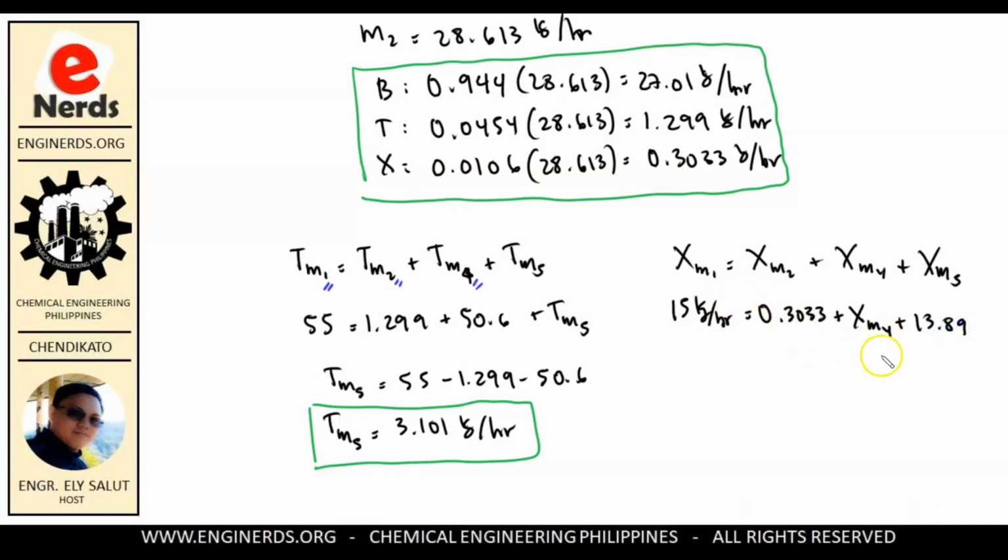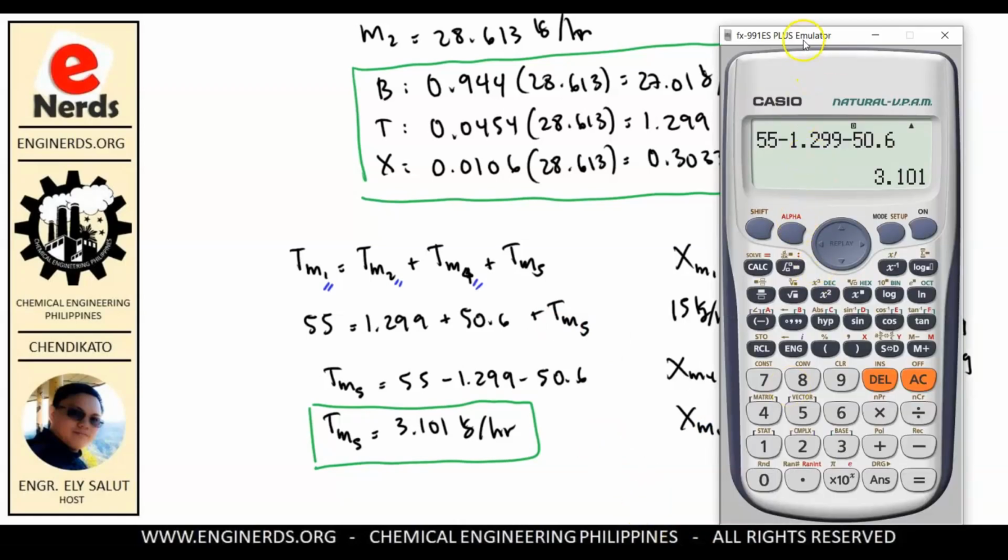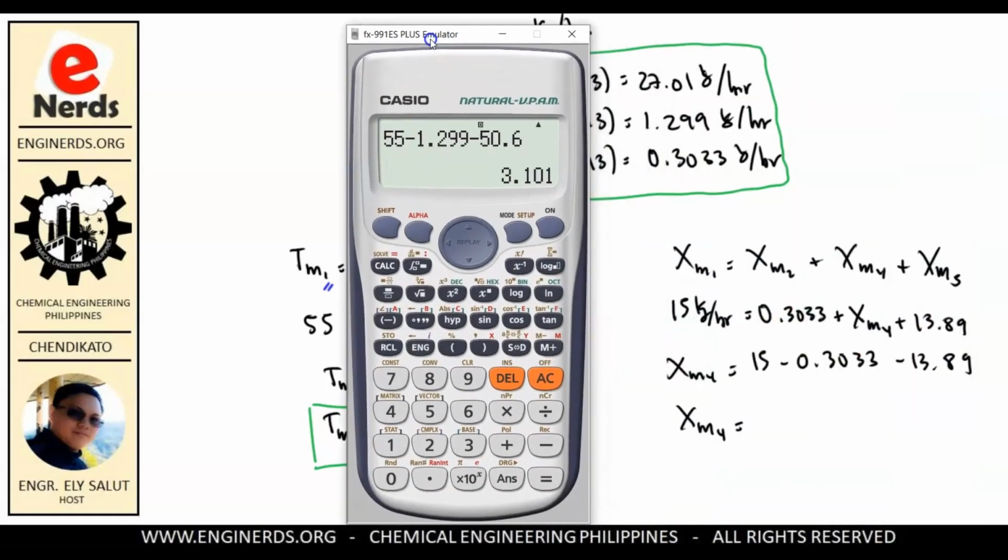So, we can now solve for X M4. Our X M4 is equal to 15 minus 0.3033 minus 13.89. So, therefore, our X in M4 is equal to, let us calculate again.